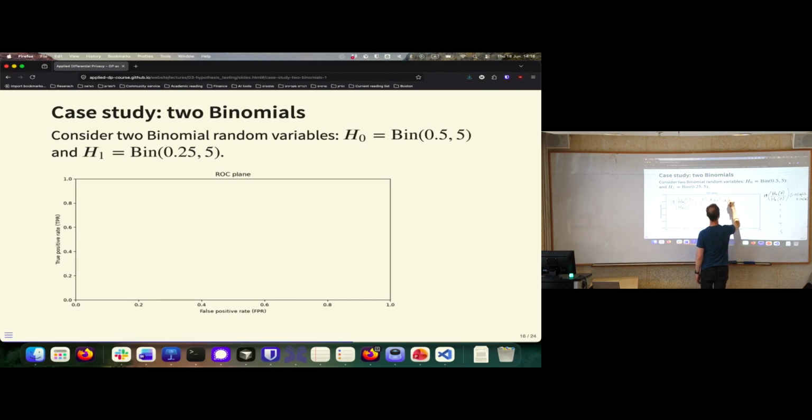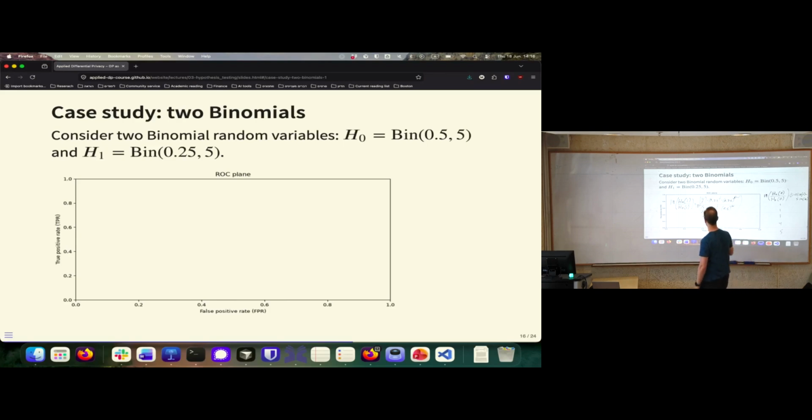So it's 0.75 to the power of 5 minus I, and then over, it's the same 5 choose I, which will cancel. Here we have 0.5 to the power of I. Here we have 0.5 to the power of 5 minus I.